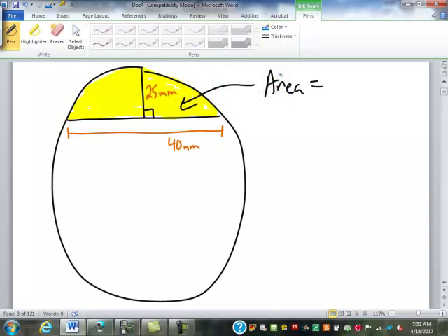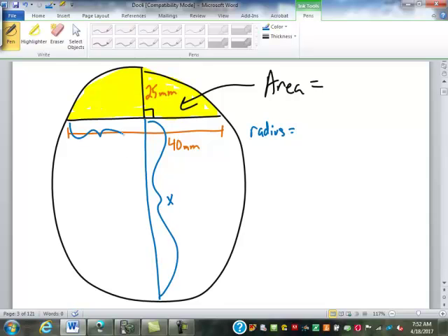Well, first thing we need to do is we need to be able to find the radius of that circle, just like we did. So we'll extend this down. That's going to be x. This is going to be 20 and 20.